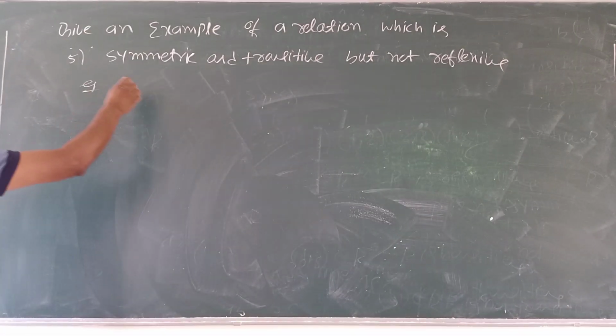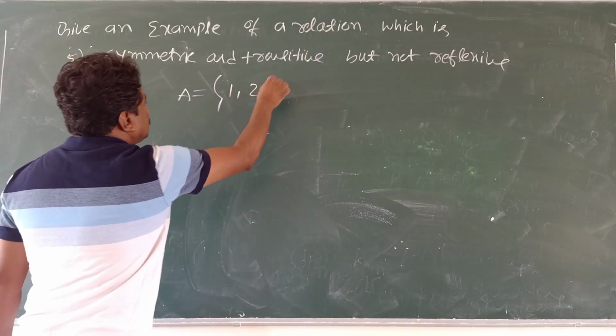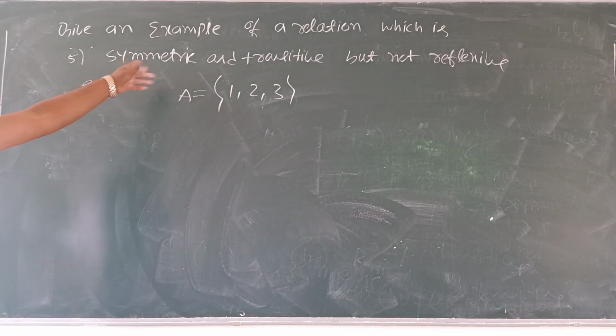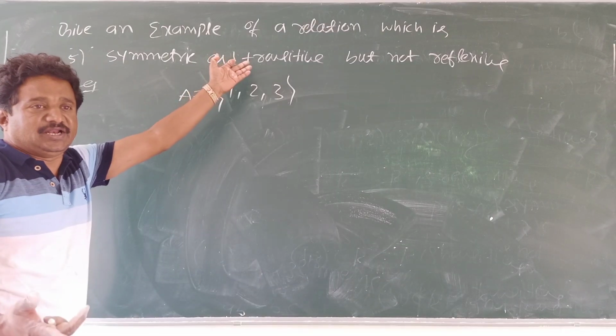First you write set A: {1, 2, 3}. Here I need symmetric and transitive. You just write a symmetric and transitive relation.